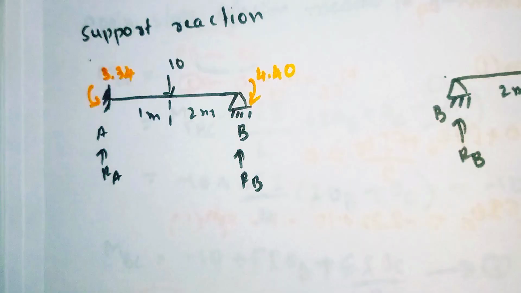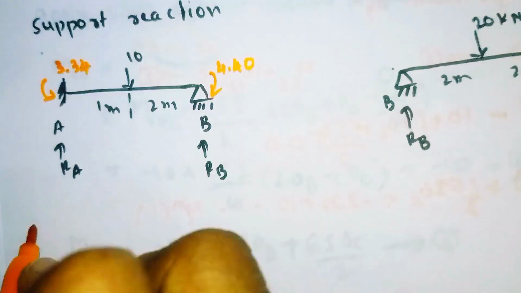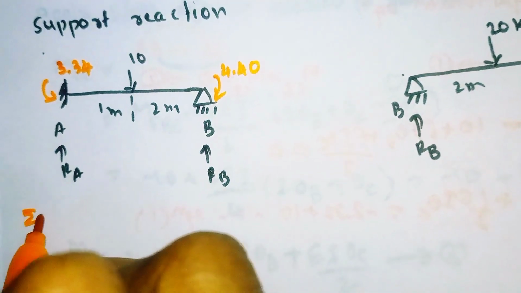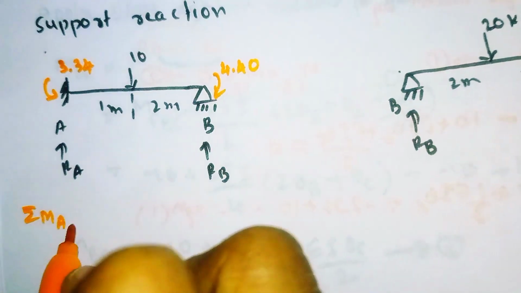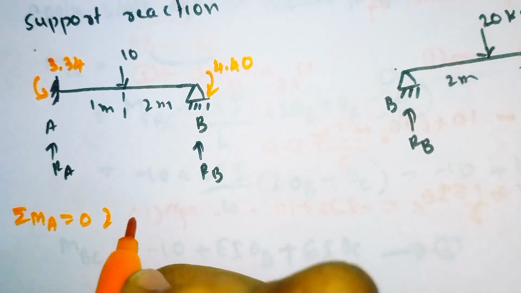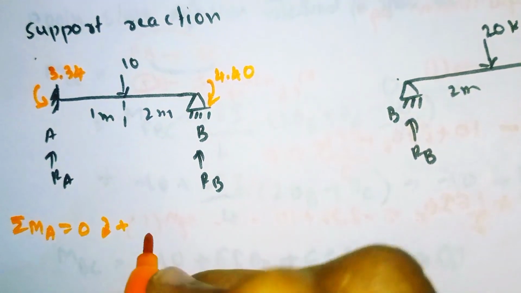So now we'll find out the reactions. For that we need to apply the summation of moment about A is equal to 0, clockwise positive.